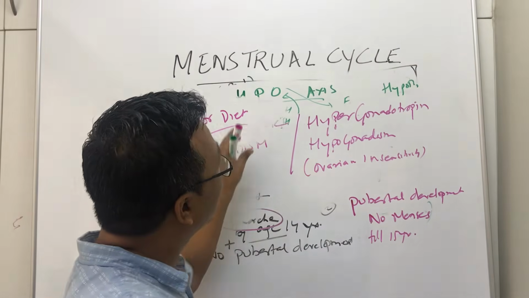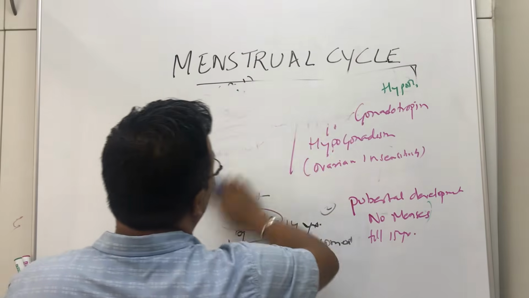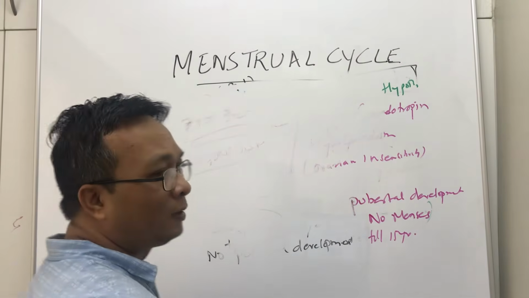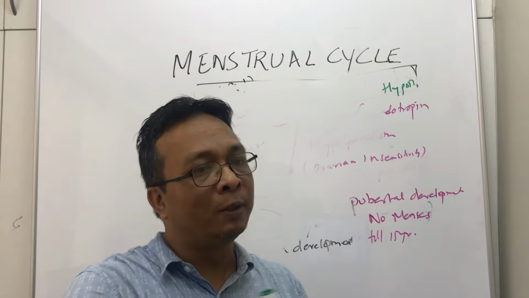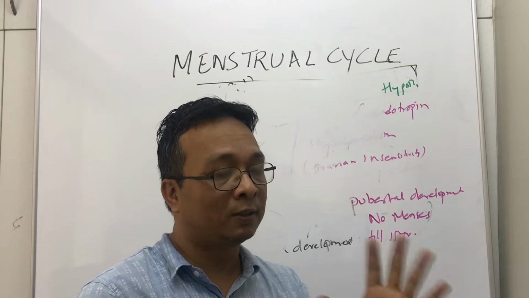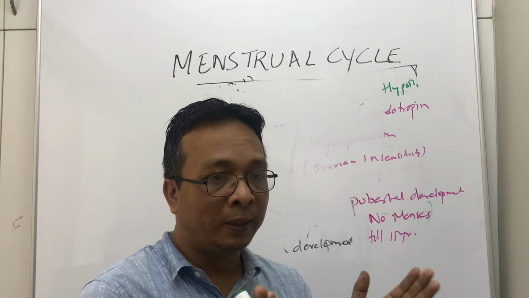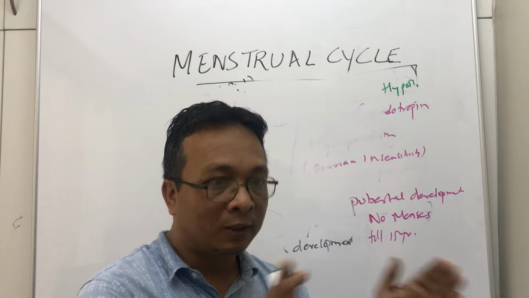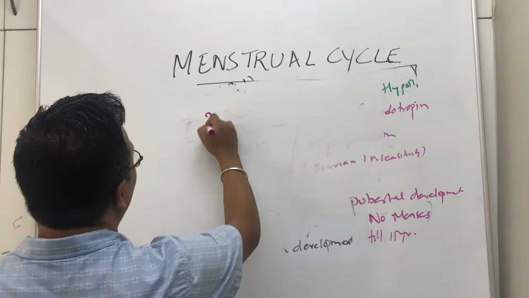So now we will go into the secondary causes of amenorrhea. What are the secondary causes? Secondary causes of amenorrhea means she was menstruating before, but now she is having no menstruation. When someone has missed 6 consecutive periods of her menstruating life, then we call it secondary amenorrhea.